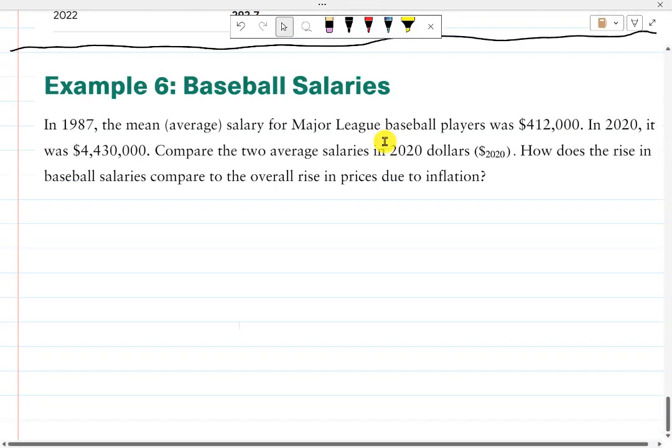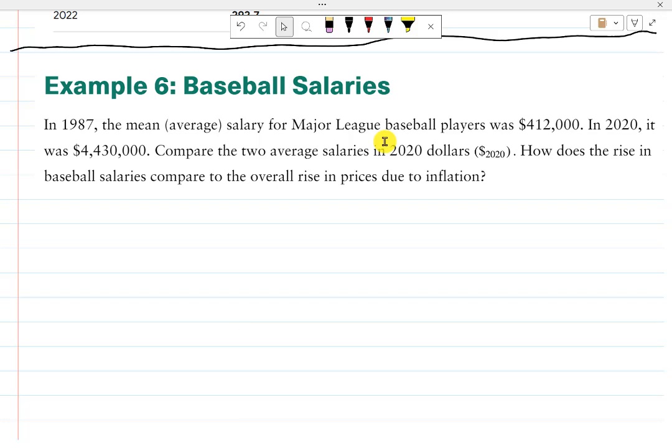Here they give us the average salary of Major League Baseball players in 1987, and they also give it to you in 2020. So they want to compare the two averages in 2020 dollars.